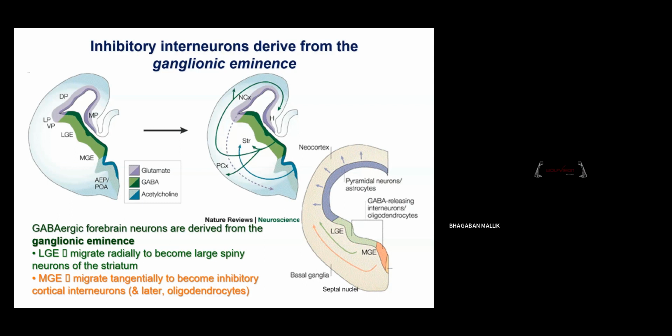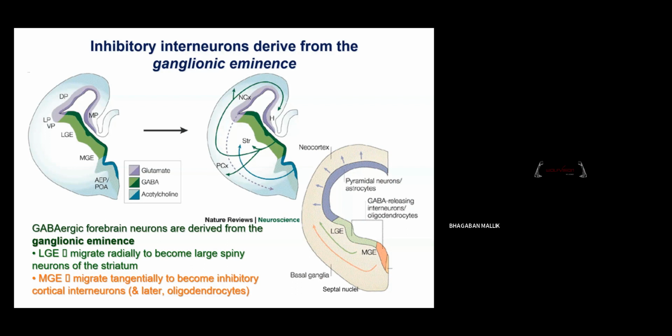The pyramidal neurons or astrocytes migrate radially to the cortex. So that's how you have formation of the cortex because of two distinct kinds of migration: the tangential migration from the ganglionic eminence, and the radial migration. The pyramidal neurons migrate radially, while the GABAergic neurons migrate tangentially from the ganglionic eminence region to form the cortex.